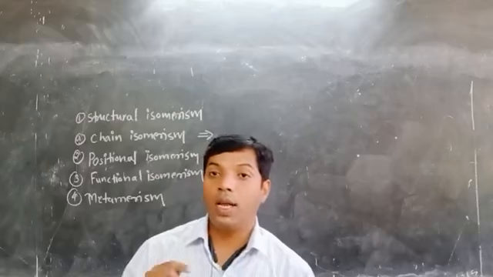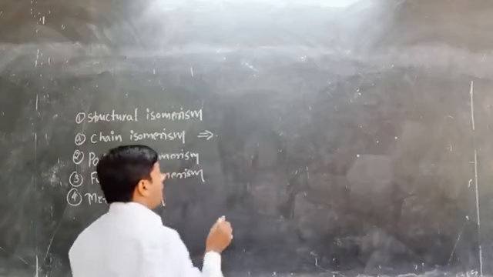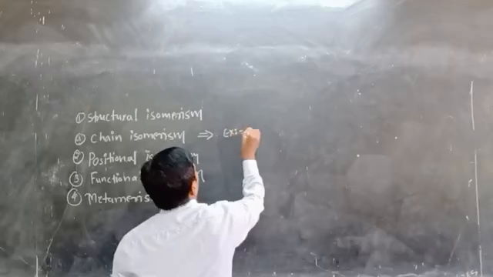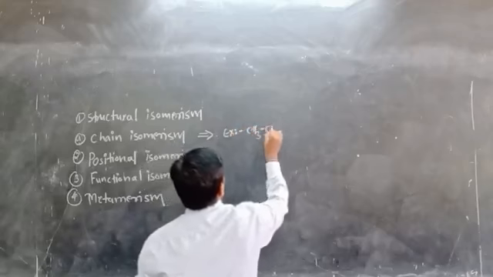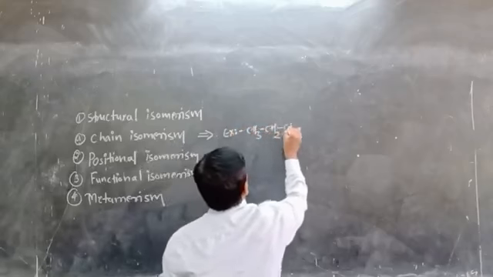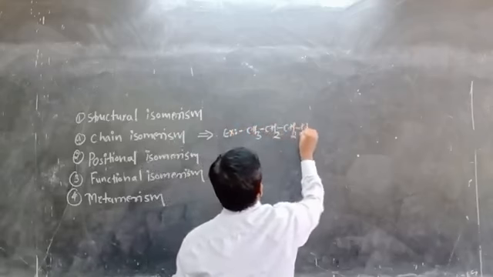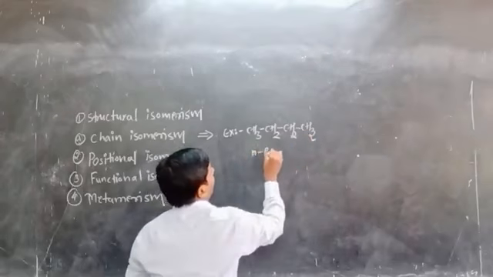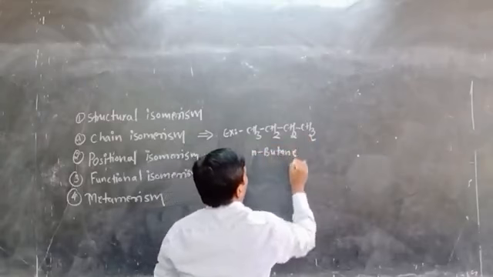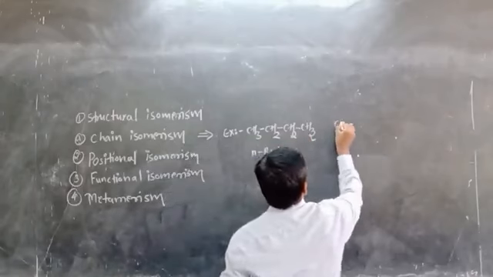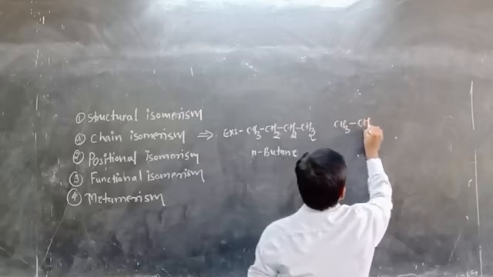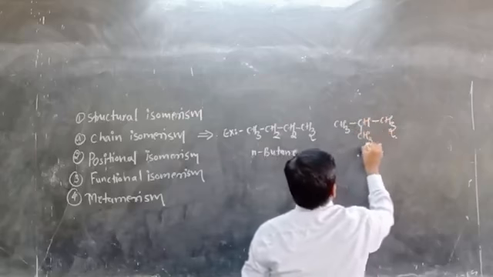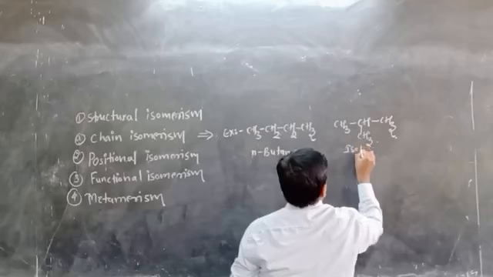For example, butane: CH3-CH2-CH2-CH3. This is called n-butane. Another example: CH3-CH-CH3, and here I write CH3. This is called isobutane.